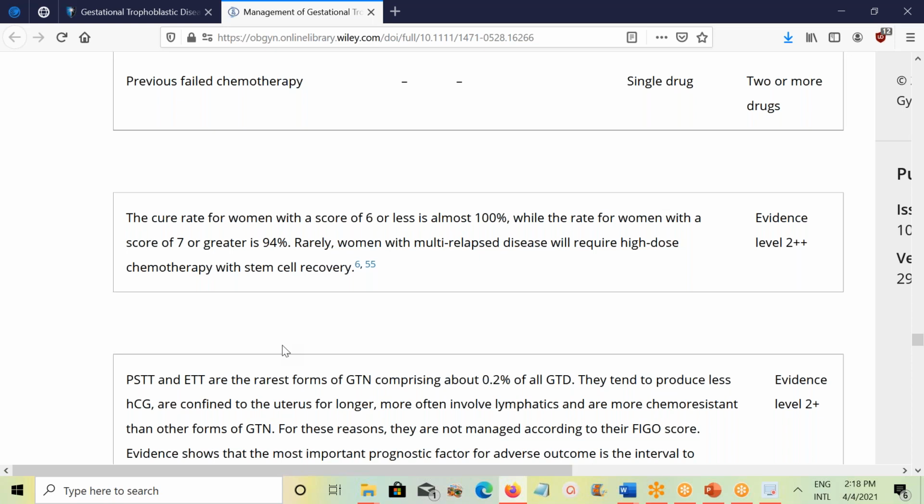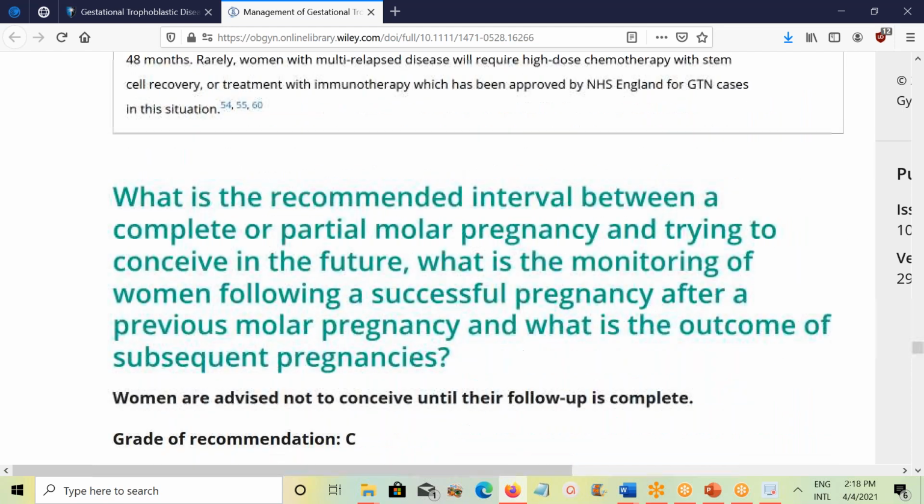And if the score is more than 7, in that case you have to give multi-agent therapy. In multi-agent therapy we give a combination of drugs.